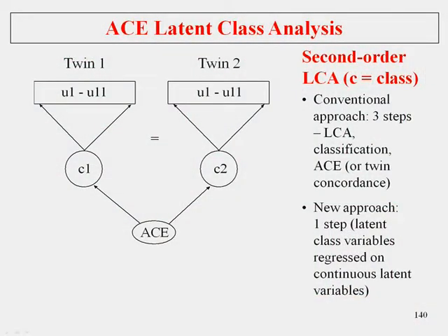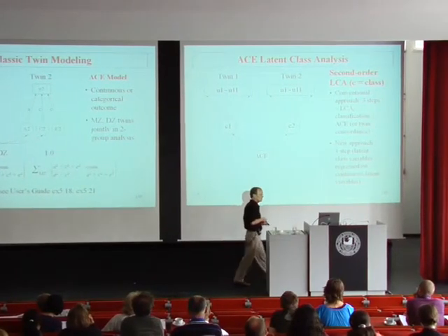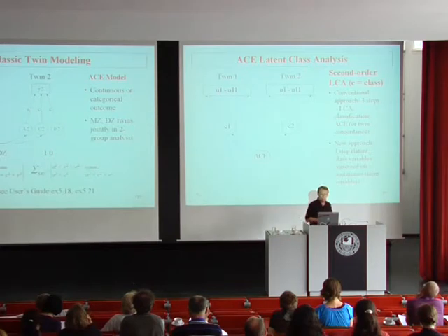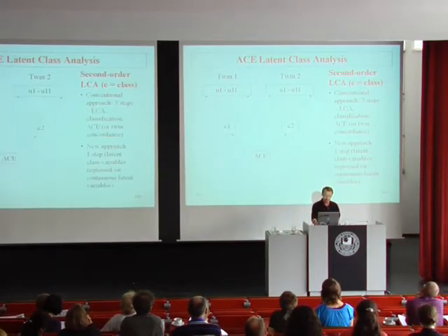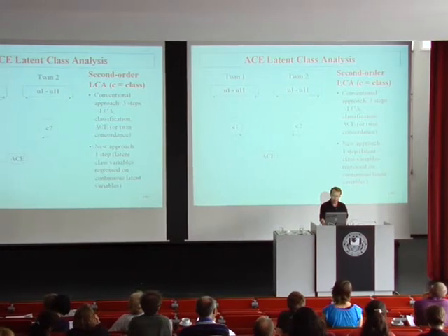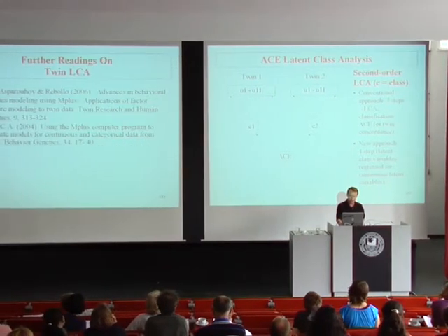And usually when you can do analysis in one step, you're doing better. Latent class variables are regressed on a continuous latent variable. So this is one example of where we bring together both continuous and categorical latent variables. That one is ready for application.